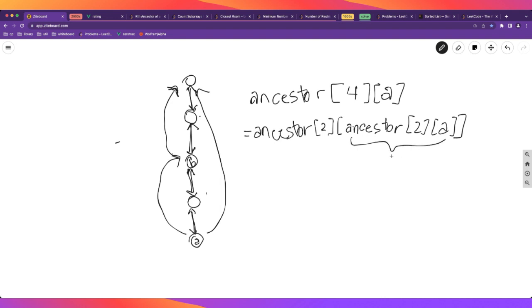This is going to be B. So if we compute this in order of the powers of 2 from smallest to largest, when we want to find the 4th ancestor, we are already going to have the 2nd ancestor. So that's why this is a kind of DP.